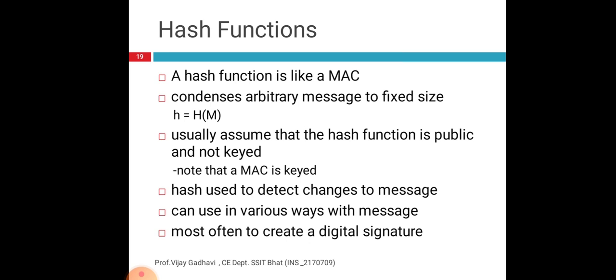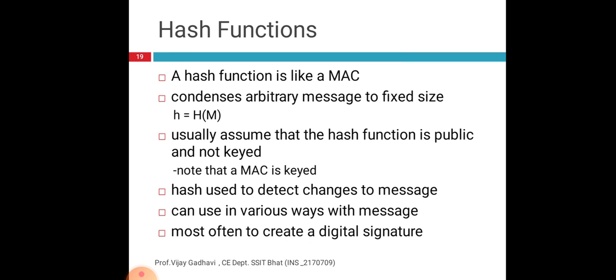The third property is collision resistance. It means it should be hard to find two different inputs of any length that result in the same hash. This property is also referred to as a collision-free hash function.